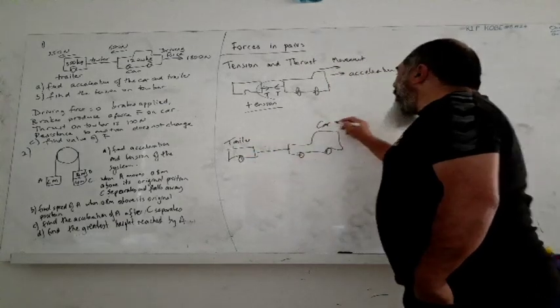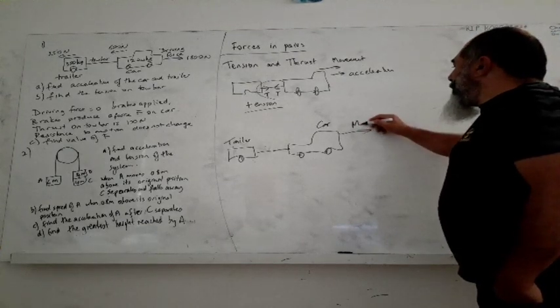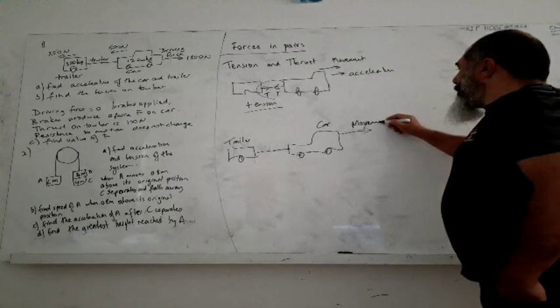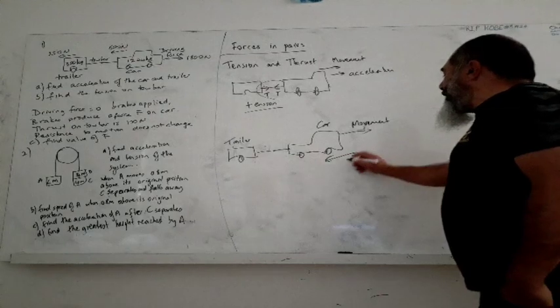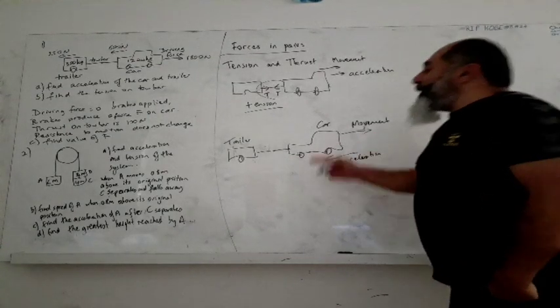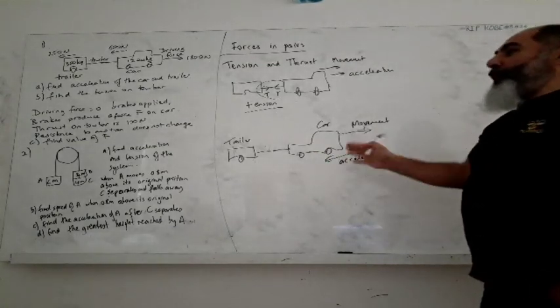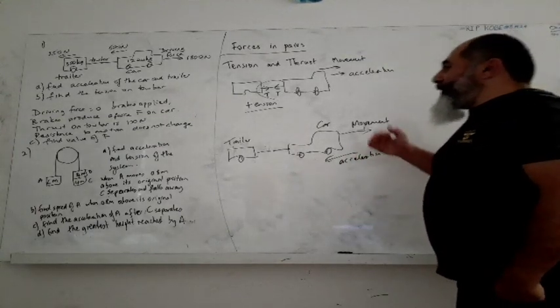If the car and trailer move to the right, but acceleration is in the opposite direction, that means the system is going to stop. The brakes are on. The brakes are producing a friction force for the system to stop.